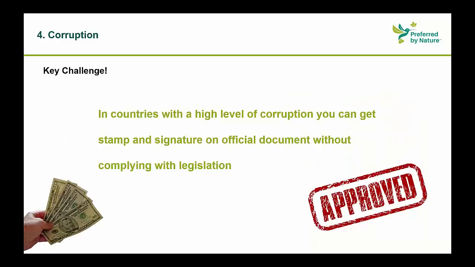And finally, last but not least, the tough question of corruption. When doing document collection, it is important to keep in mind that in some countries with a high level of corruption, it's easy to get any document without complying with the legislation. That's a very difficult thing to detect and prove.